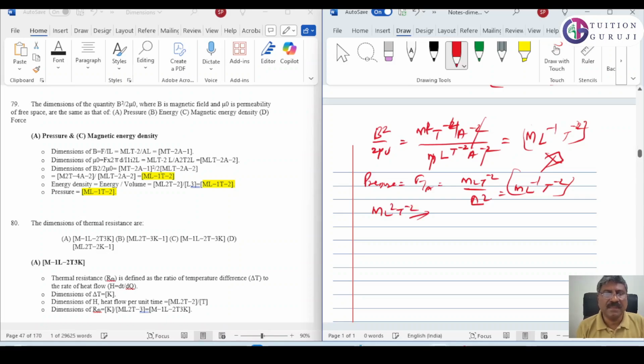Then energy density is energy by volume, M L square T raised to minus 2 by L cube. Again, you get M L raised to minus 1 T raised to minus 2, the same dimension here also.